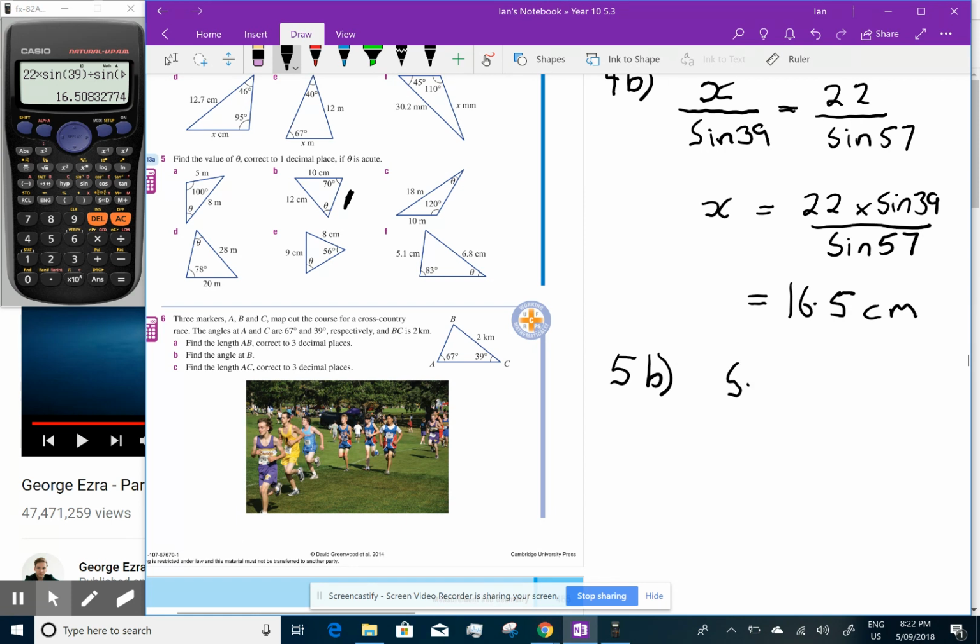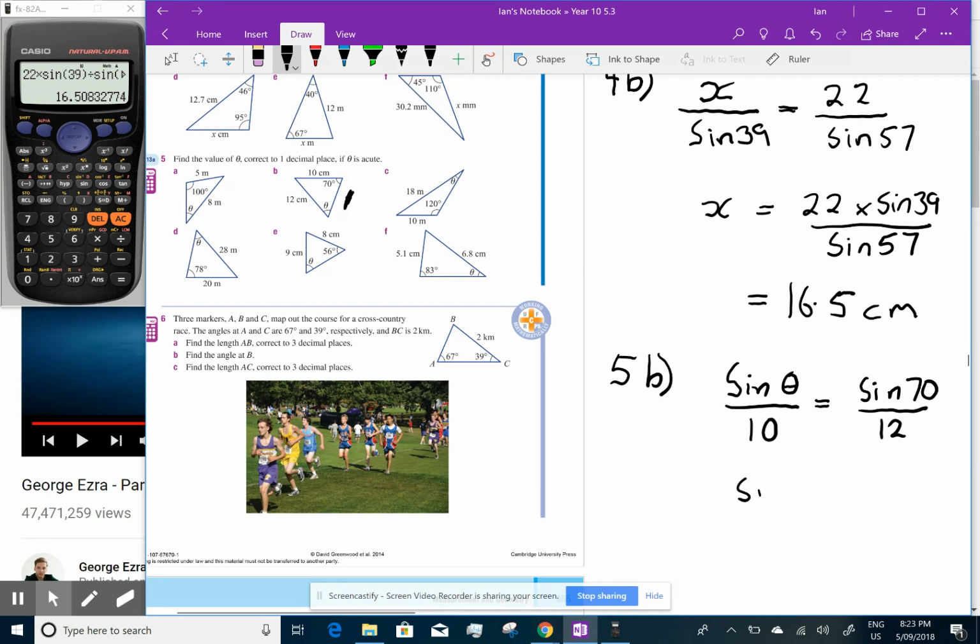So I'm going to write sine theta over. Now I'm looking for the side opposite. That's 10 equals. And I've got to write the sine of the other angle, so sine 70 over 12. Now again, they're all numbers. 10, sine 70, and 12 are all numbers.